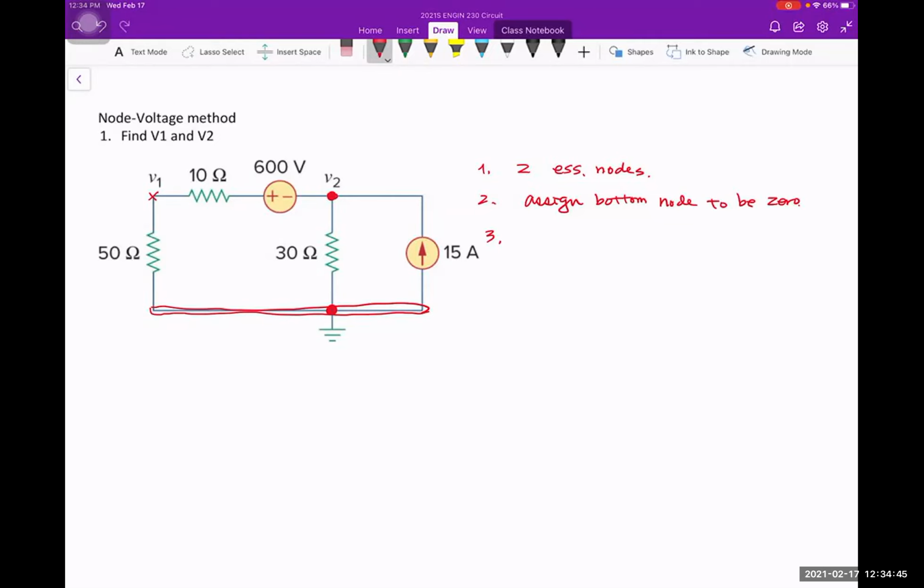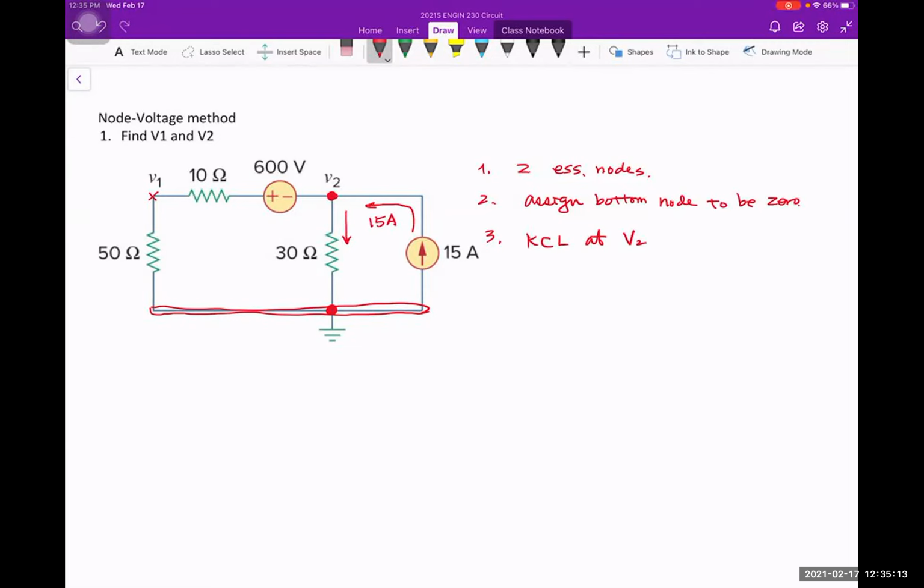So when you write a KCL, we write a KCL at V2, okay? Now you look at V2 and you assume some of the currents. So I have a current coming from the right, which is this one here. This is a 15 amp. I also assume there's a current going from the top to the bottom, because the bottom is 0, so the high voltage should be on the top.